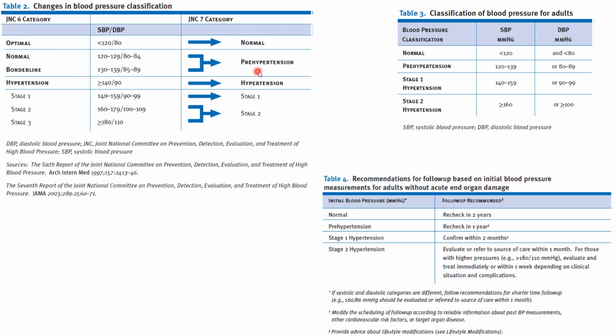Remember, this is not a disease, but it's a warning sign that things are not optimal. They're certainly not normal now. We don't use the word normal for this. So anything above 120 and above 80 is something to be reckoned with. The cutoff line is 139 on systolic and 89 on diastolic.